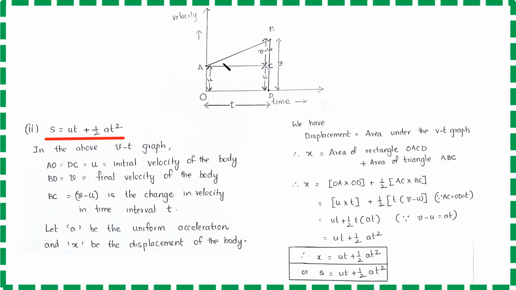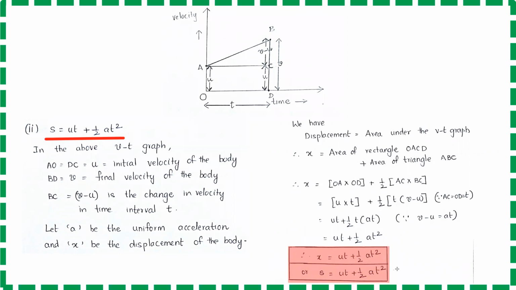So finally, we have derived the second kinematic equation, x is equal to ut plus half at square, or you can also say s is equal to ut plus half at square. S or x both are same, that is nothing but displacement.